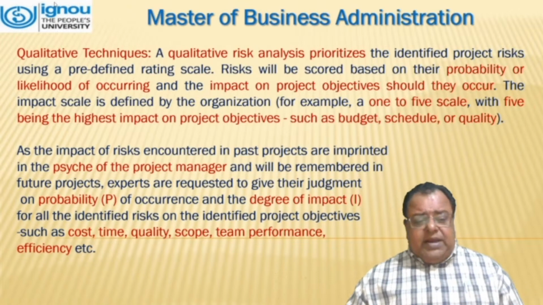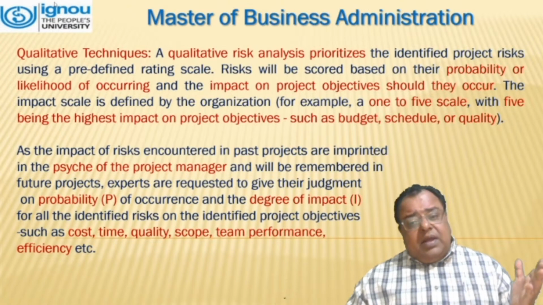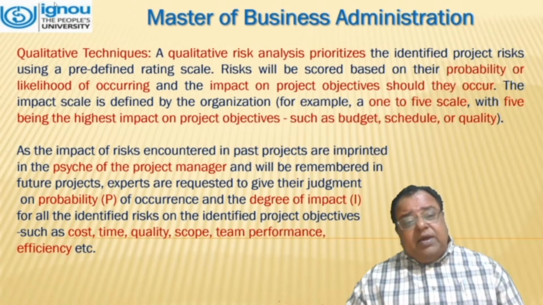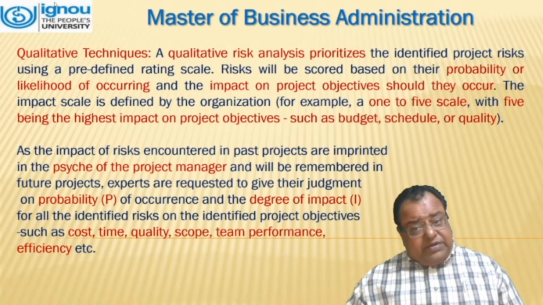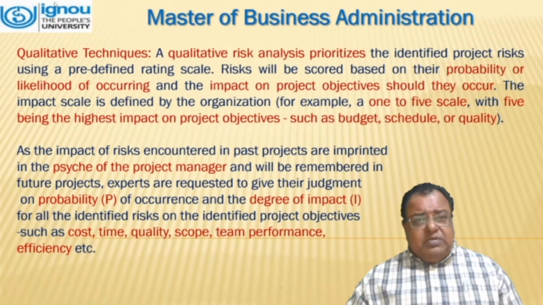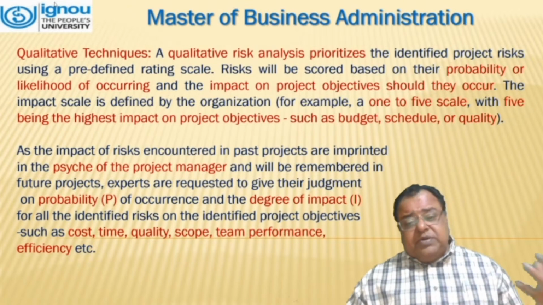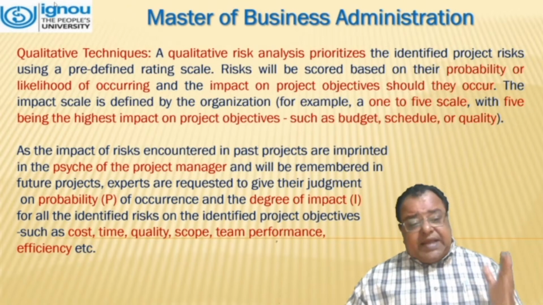The impact scale is defined by the organization, for example a 1 to 5 scale, with 5 being the highest impact on project sub-objectives such as budget, schedule, and quality.